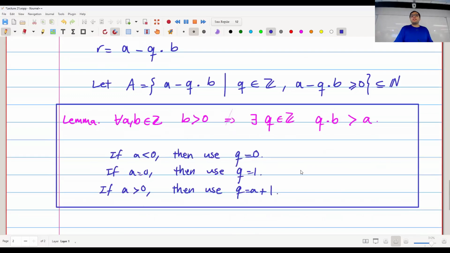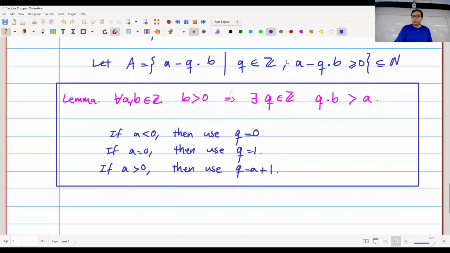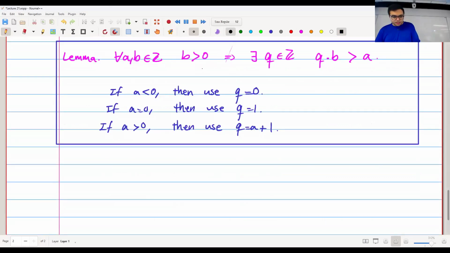Because of this lemma, it's a non-empty subset of natural numbers. So now it has a minimum element. And I'm going to take its minimum element. Let's call it R star, the minimum element of A. And again, this exists because of well ordering.